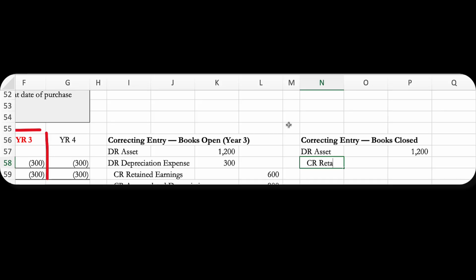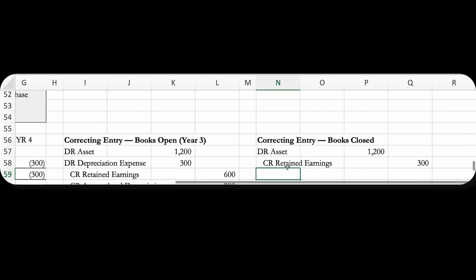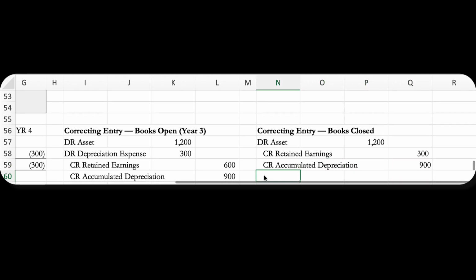So I'm going to credit retained earnings. How much for? Well, I'll just sum together all of the effects of the error in the prior 3 years, everything to the left of the line, to get a credit for $300. So again, I summed together all of those errors. Then finally, I do need to have an accumulated depreciation account established. And that should have $900 in it at this point because I should have recognized 3 years of depreciation. Next year, I'll just recognize another $300 of depreciation expense and go from there.